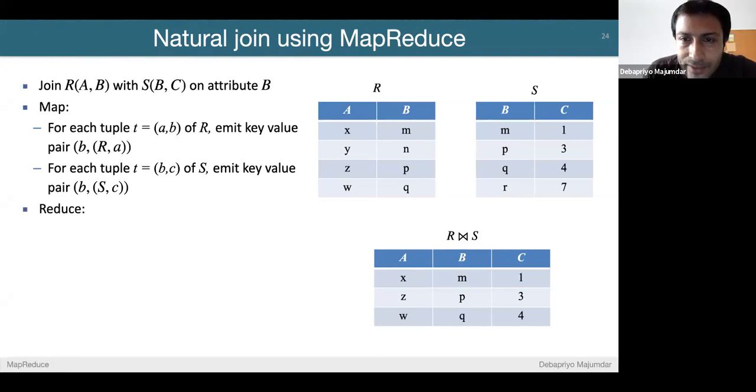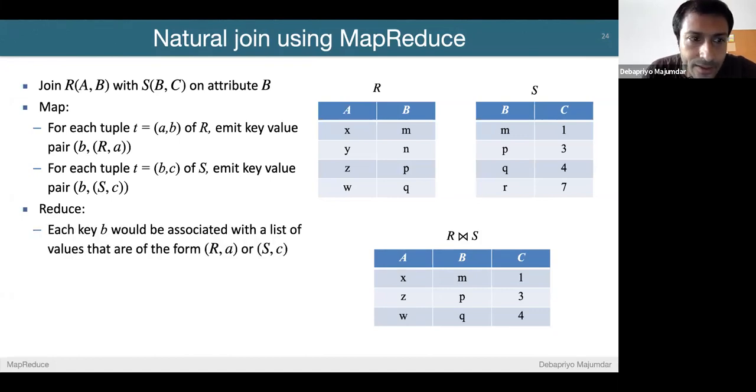So then what will happen? Each individual value of B will be grouped, because they are the keys. And each key B will be associated with several values that are of the form either RA or SC. There may be multiple of them. In this particular example, I don't have that. There is only one value of every attribute, but it's very much possible that there are multiple entries like XM and then some YM in the first table and so on, right?